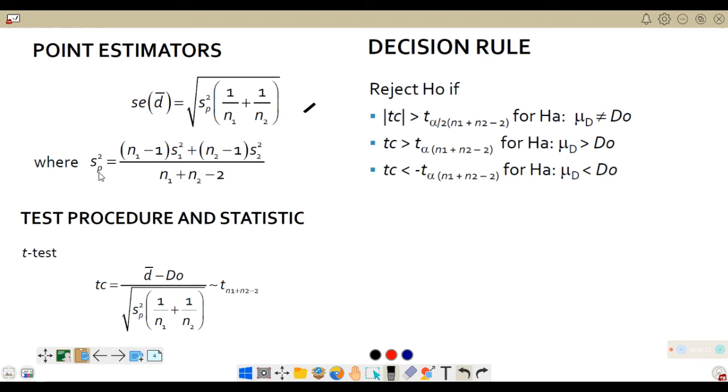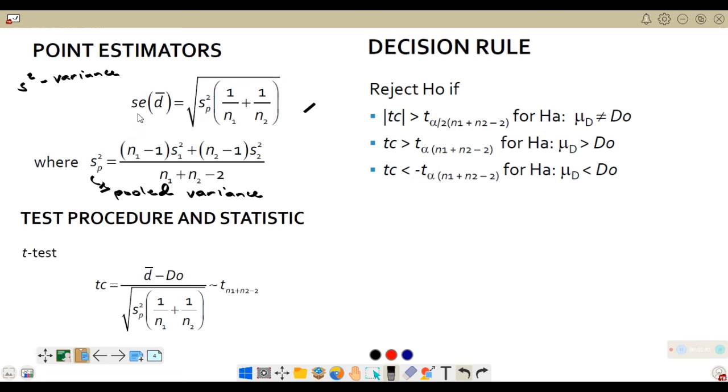So, pooled variance is equal to n sub 1 minus 1 times s sub 1 squared. Remember that s squared is the variance. And this is called the pooled variance. And it is important to get the pooled variance first before you can get this one.